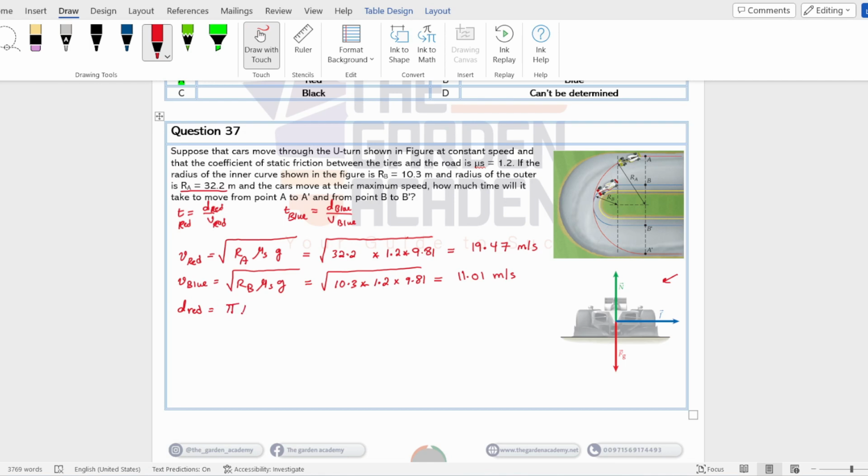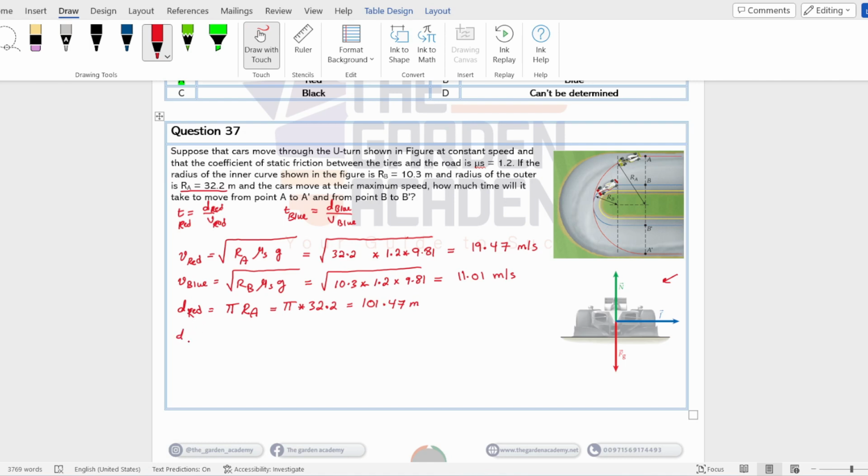Which radius? We have R sub A. So we say pi times RA, which is equal to pi times 32.2. This answer is equal to 101.47 meters.